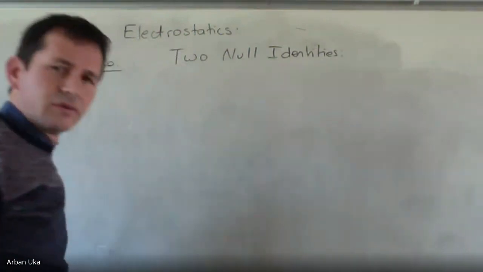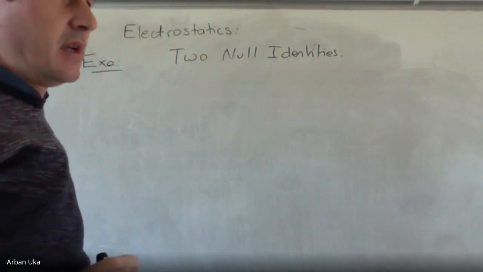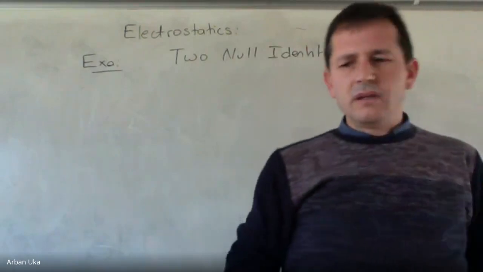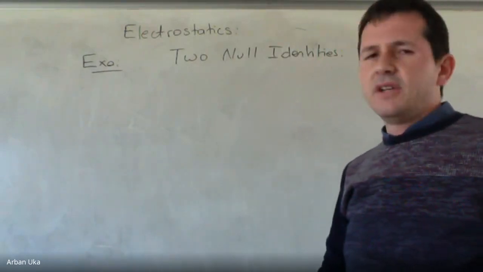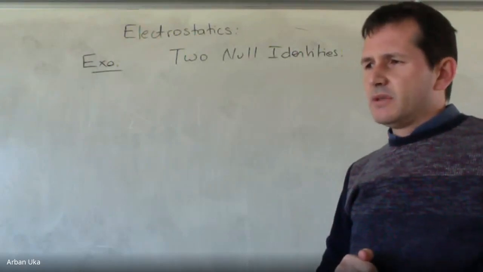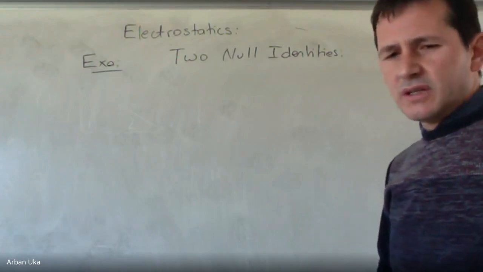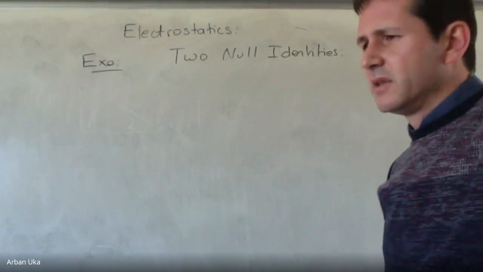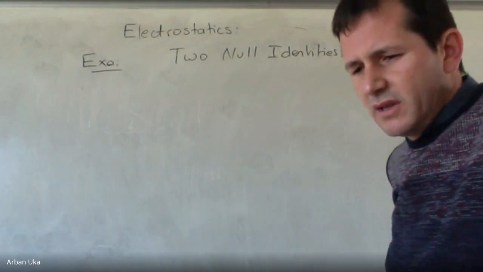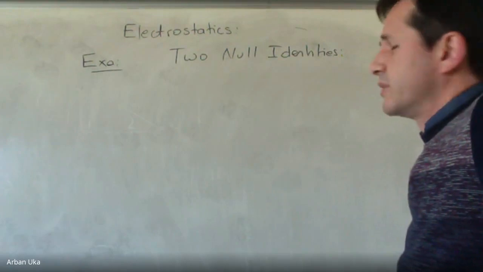Okay, so the first thing we want to mention is we have two vector null identities, and these null identities initially obey any vector definition that we have provided from the mathematical perspective. Now, it is lucky for us that electromagnetic fields, the electric field and the magnetic field, obey these null identities, which means that if we have defined them as being specific vectors, they have to obey these interesting properties.